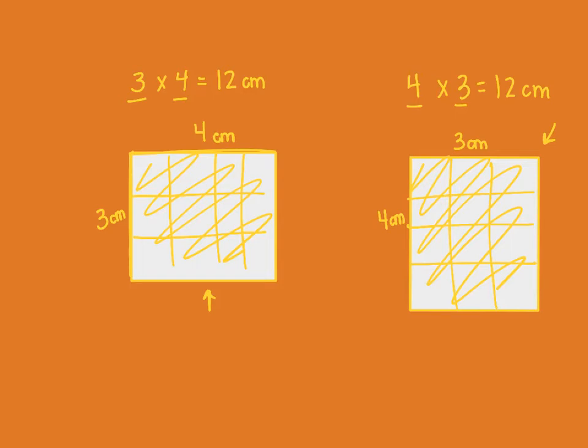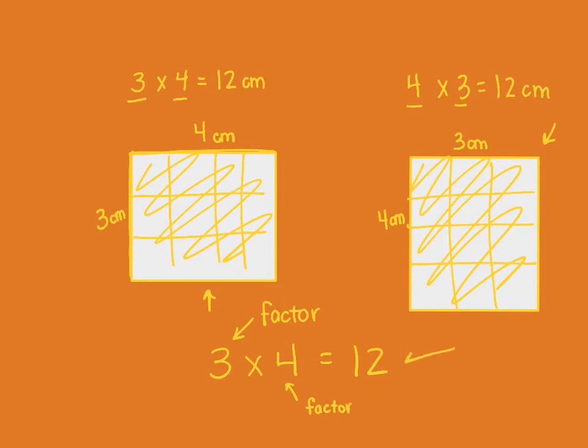When we're talking about multiplication, we use certain words when we're talking about numbers. I would like you to write the problem 3 times 4 equals 12 in your notebook. Then I want you to label each one of the numbers that you're multiplying together as factors. 3 and 4 are both factors. They're the numbers that we're multiplying together.